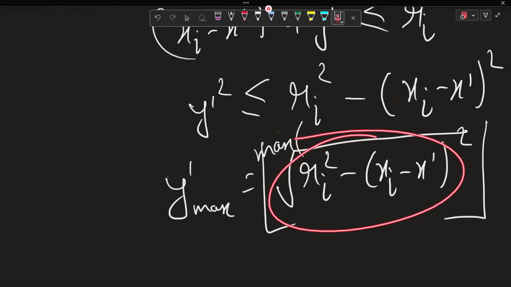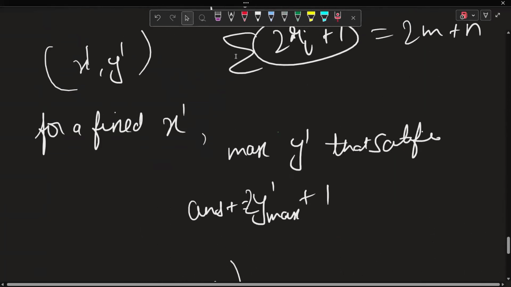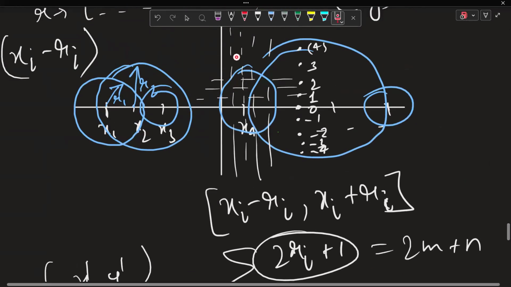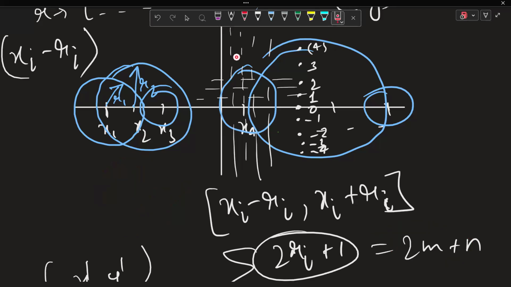Overall, that would become the same. Even if you're running that many times, your overall sum would be at max 2m only.